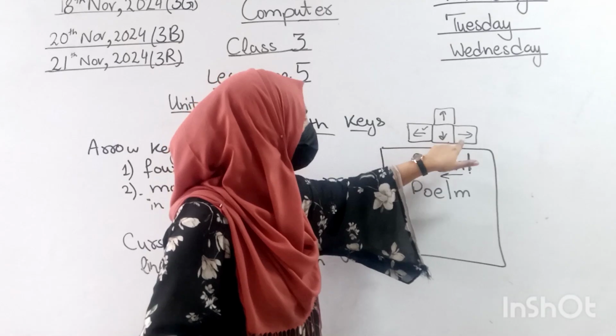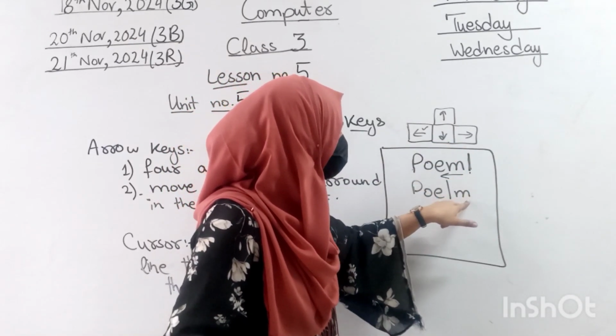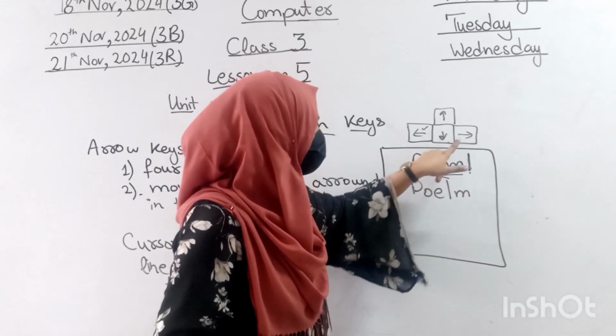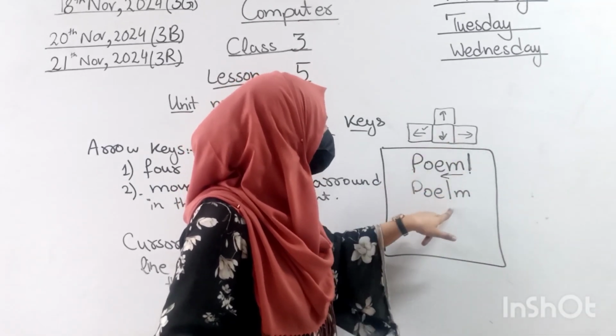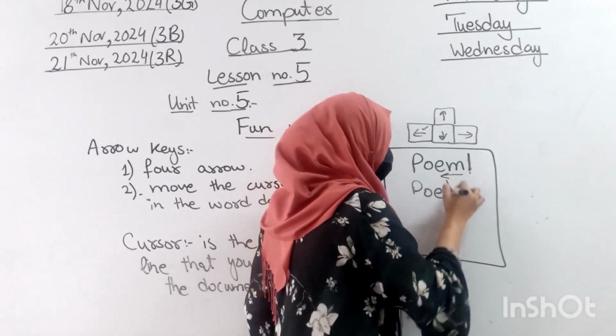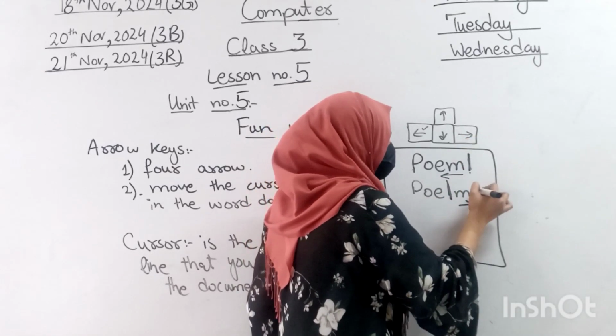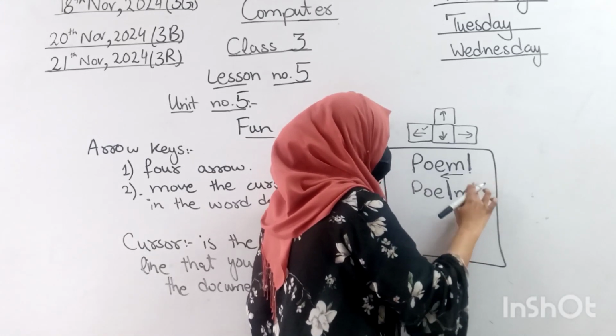The right arrow key is used to move the cursor from left to right. If the cursor is placed here and you want to move it to here, then you will press on the right key.